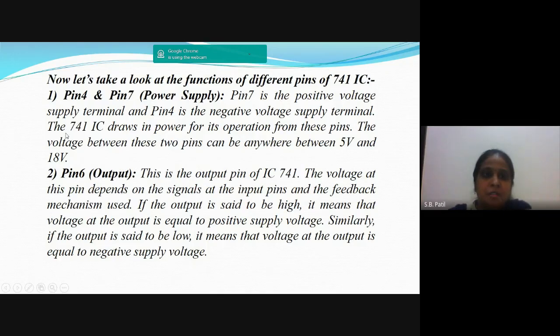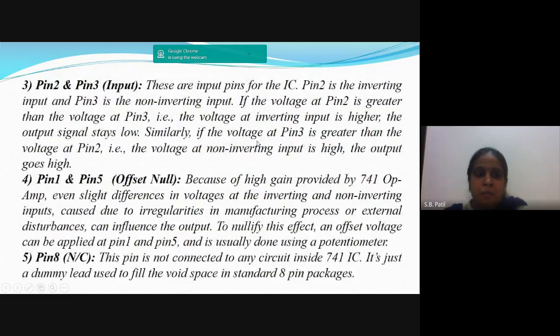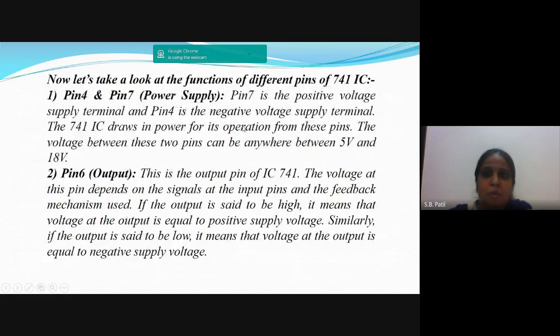So the IC741 draws power for its operation from these pins. The voltage between these two pins can be anywhere between 5 volts and 18 volts. That means the operational amplifier can operate in the voltage range of 5 volts to 18 volts.